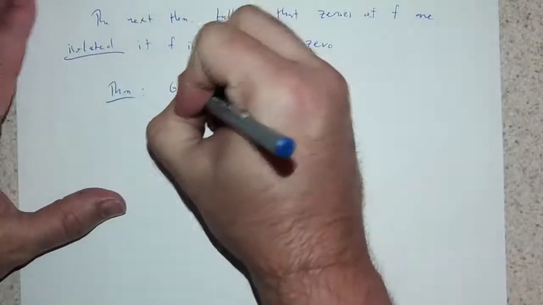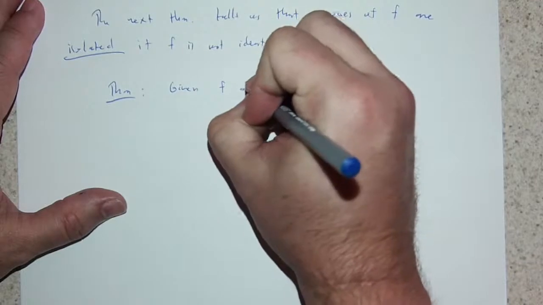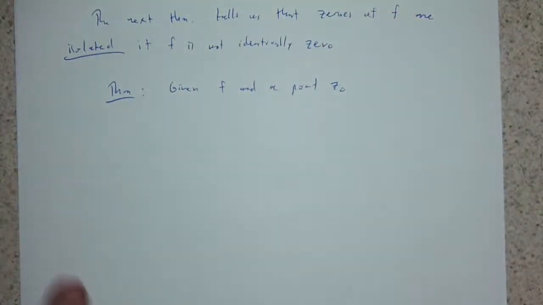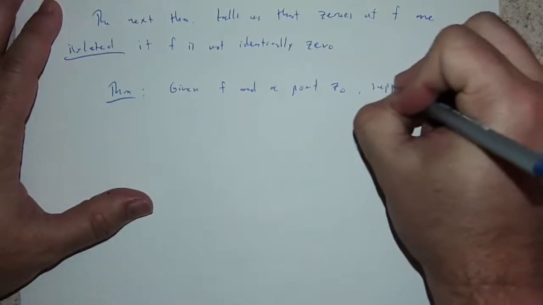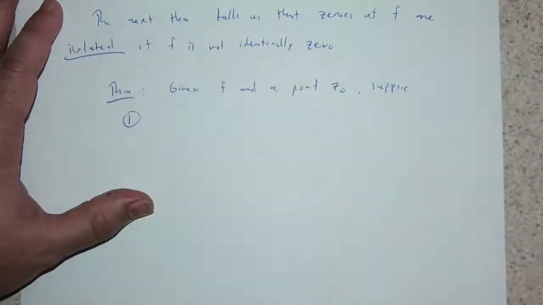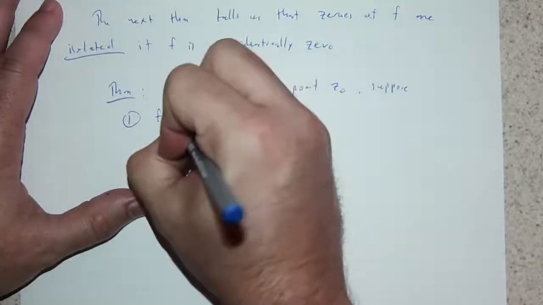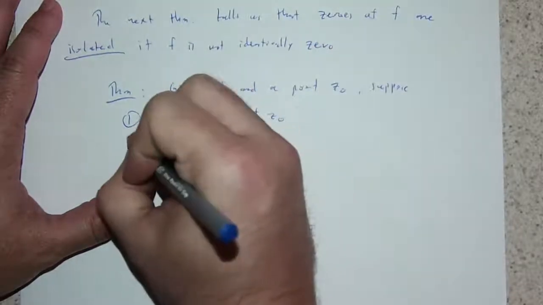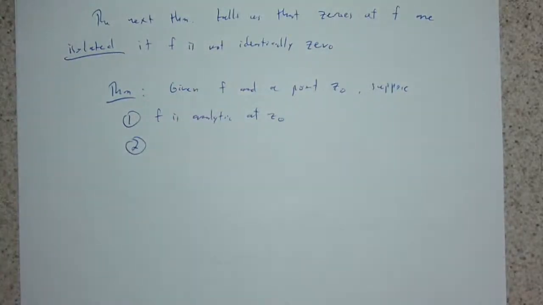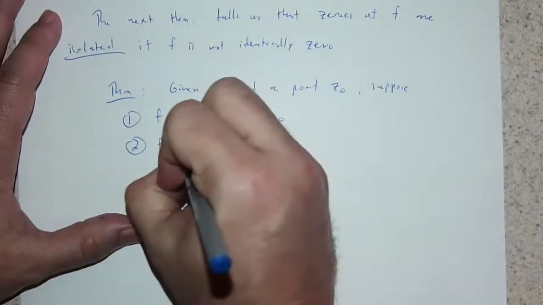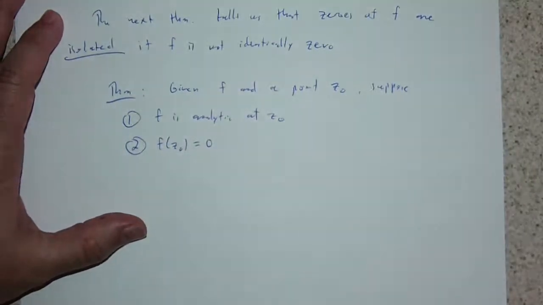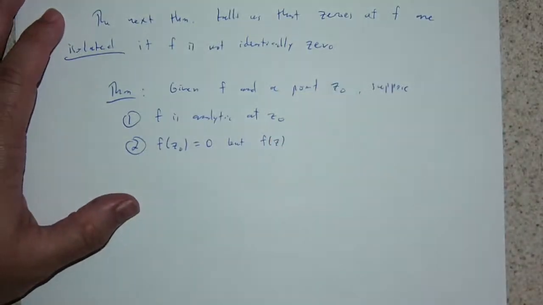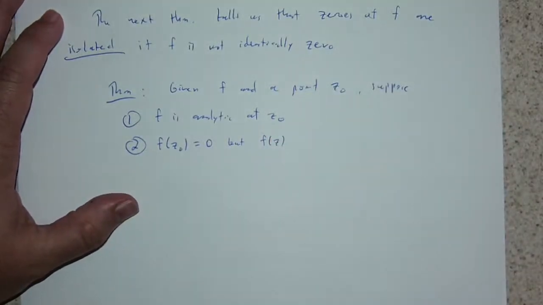Given a function f and a point z0, suppose that firstly f is analytic at z0, and secondly that f of z0 is equal to 0, but f of z is not identically equal to 0 in any neighborhood of z0.